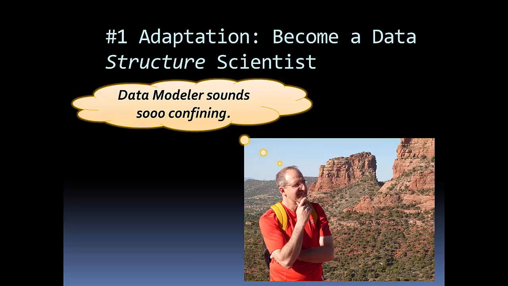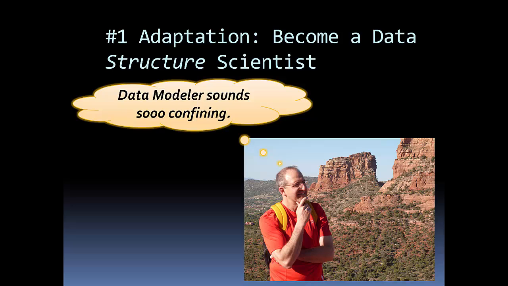And it's actually not that different from what a data scientist does. A data scientist looks at incredible complexities in data to try to extract understanding, and we do the same thing for the structure. We will look at the structure and try to extract understanding. So this first adaptation is to realize that as data modelers, we can use our skill of taking the complex world and making it easy to understand.